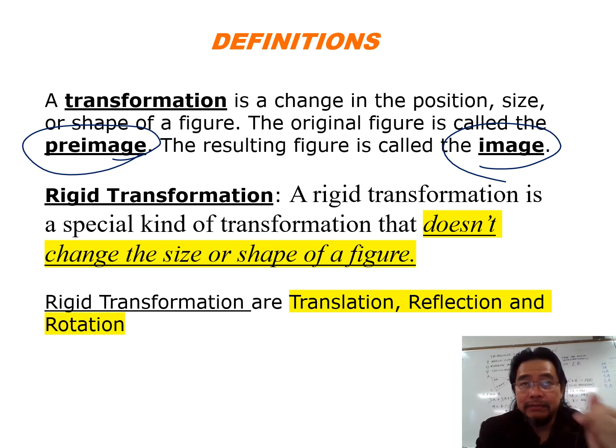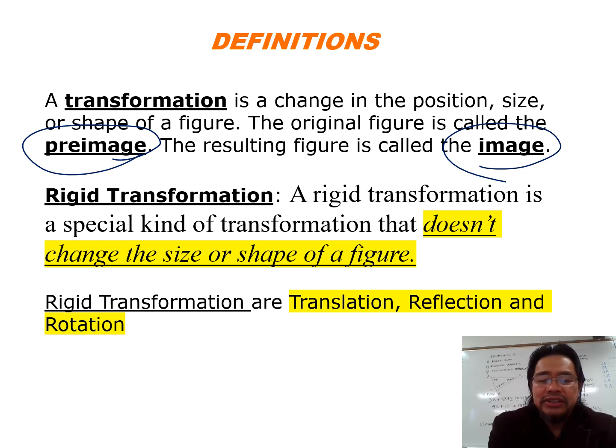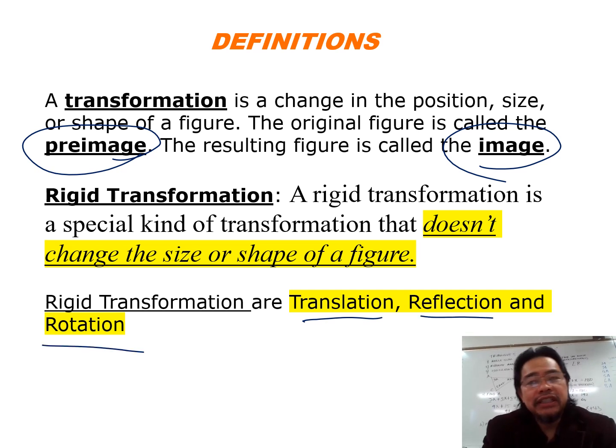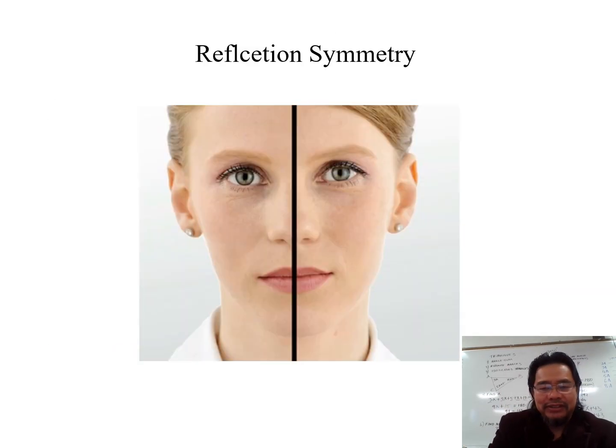Just like I have said about the mouse, the same shape, the same size, it doesn't change. And rigid transformations are translation, reflection, and rotation only. Another transformation called dilation is not rigid because it changes the size. That is not our concern. Second semester will be dealing with dilation.